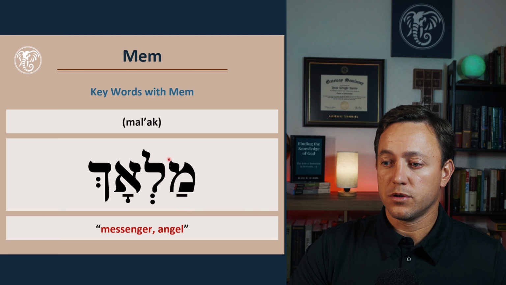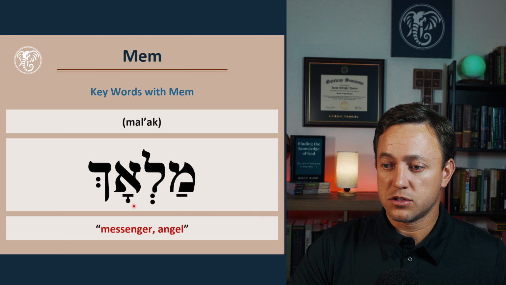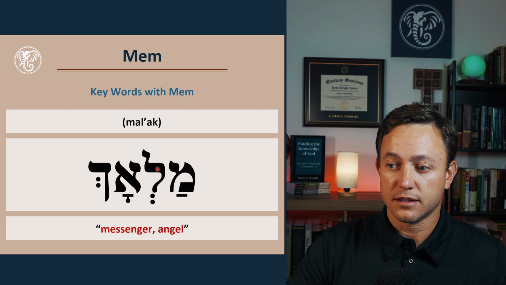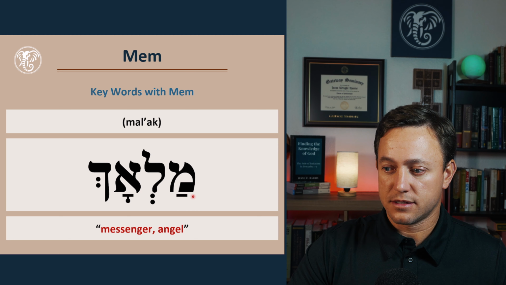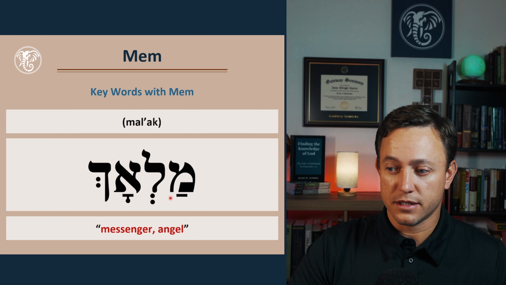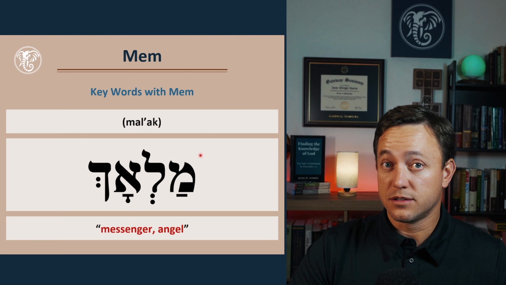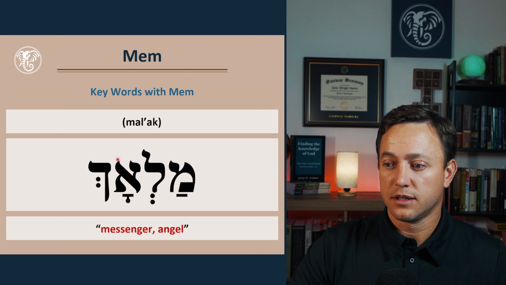But also, I want you to pay attention to the spelling of this word. As you notice here, this is malak, and you have this type of vowel here on the front, but also you have this aleph stuck in the middle. All right? So if you remember from our word to be king, or he ruled, there's no aleph.